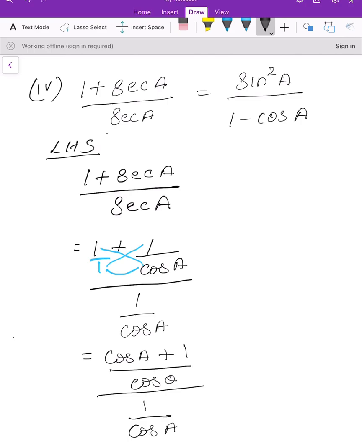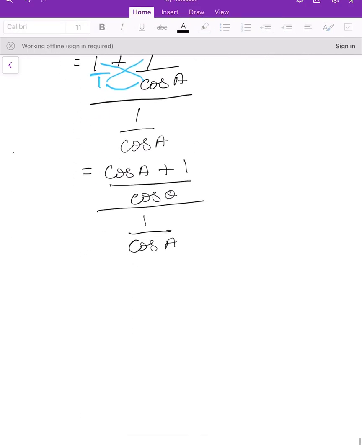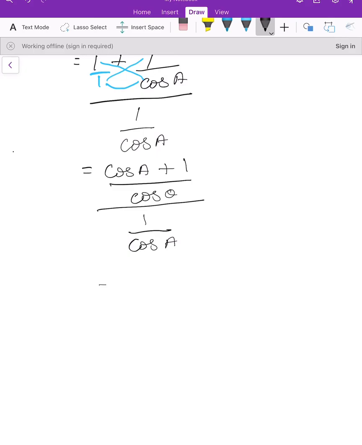When both the numerator and the denominator are fractions, I'll write the numerator as it is and reciprocate the denominator. So my denominator here is cos A, that I'll write in the numerator, and my numerator is 1, that I'll write in the denominator.